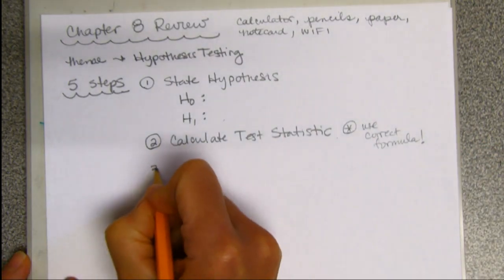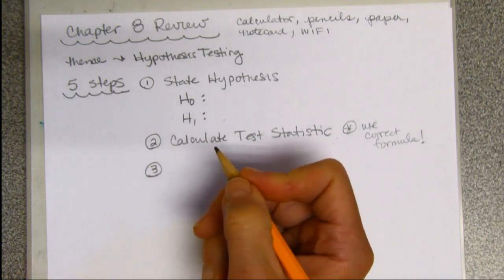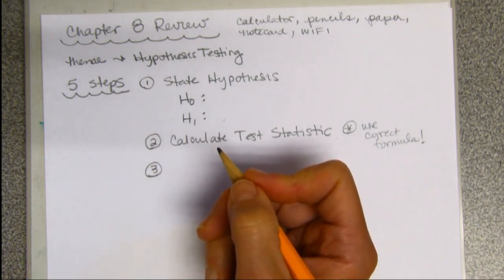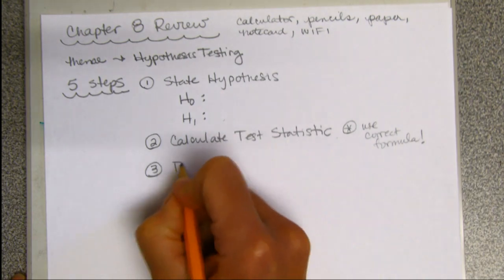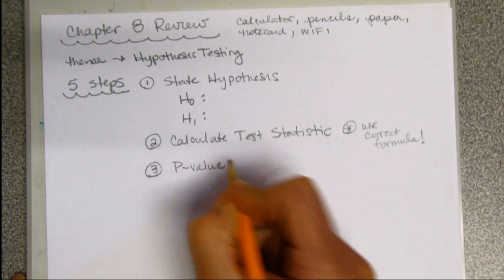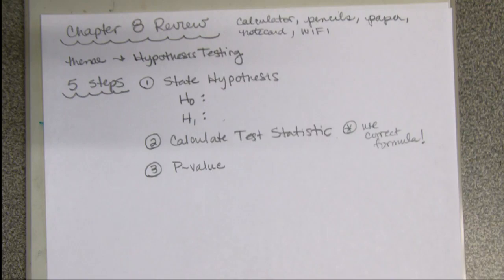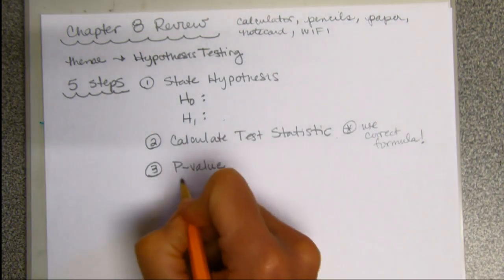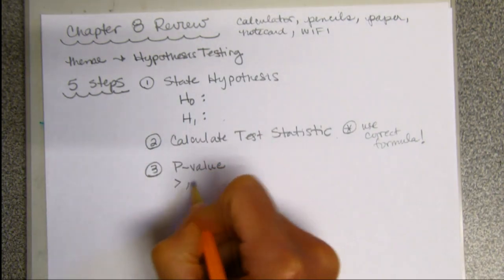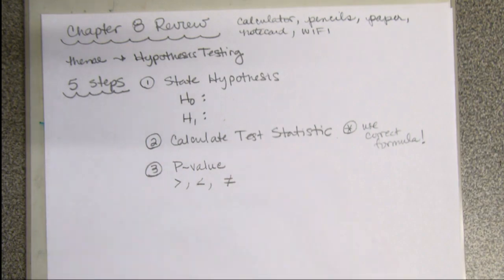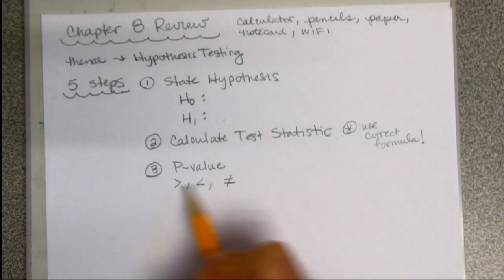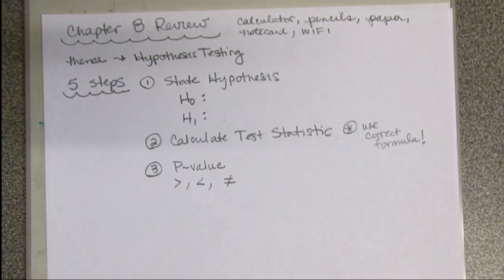Step 3 is to get your p-value. Remember, the p-value is a probability value. And you have to be careful with your p-values to know if it's greater than, less than, or not equal to, and what to do depending on which of these it is.